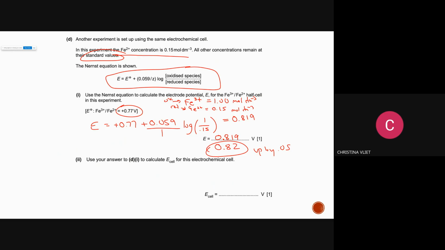Think about the equation. The E cell is the E of the reduction minus the E of the oxidation. Can you think about what would happen? Iron is up by 0.05, but is that being reduced or is that being oxidized?